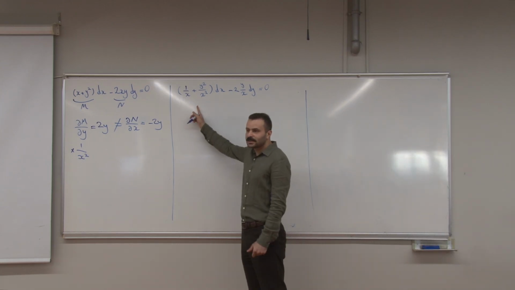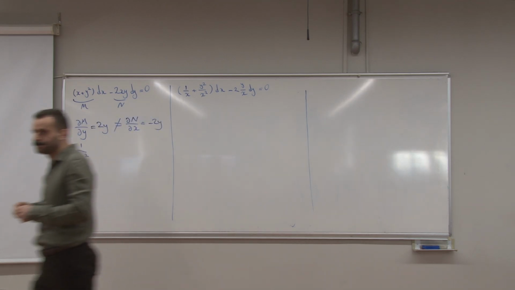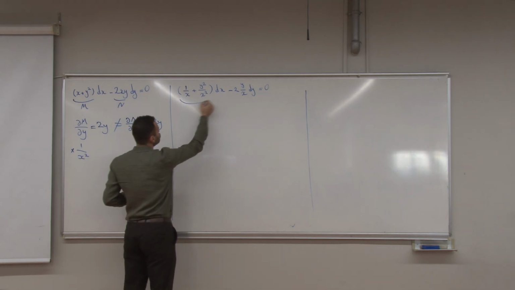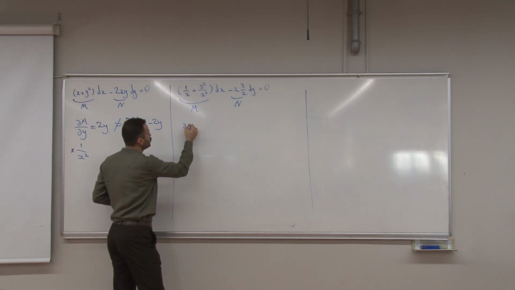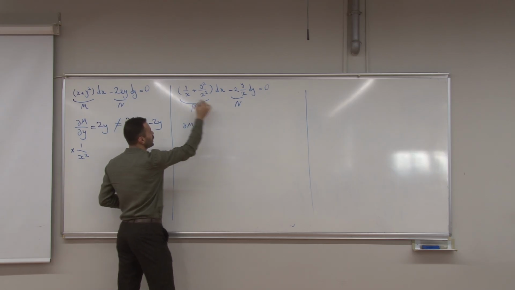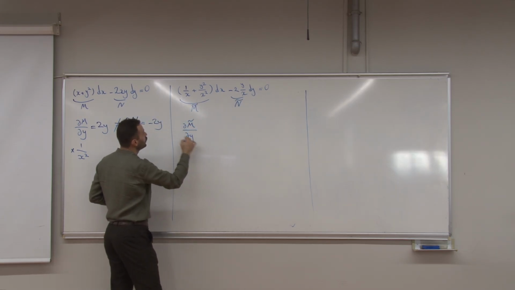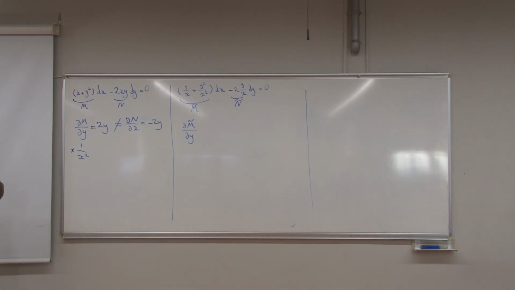Now, can you please check if this equation is exact or not? Again, we need to take this m, we take this as n. Let me call this m tilde and n tilde also. Partial derivative with respect to y. What is this going to be?